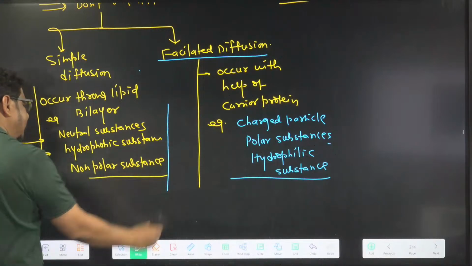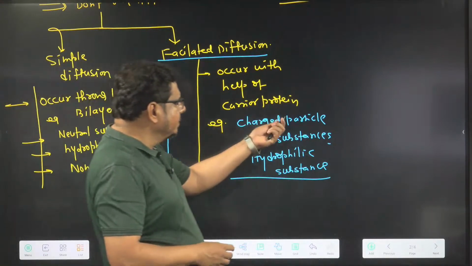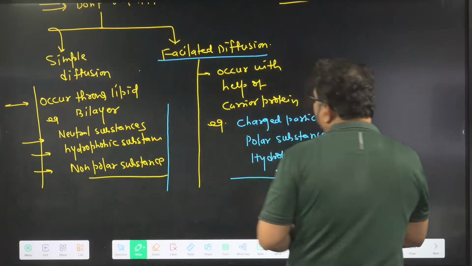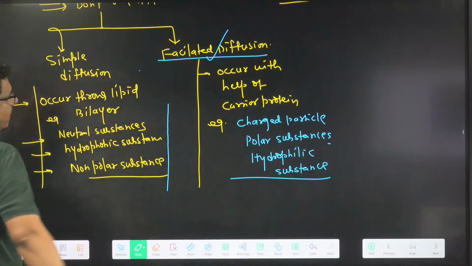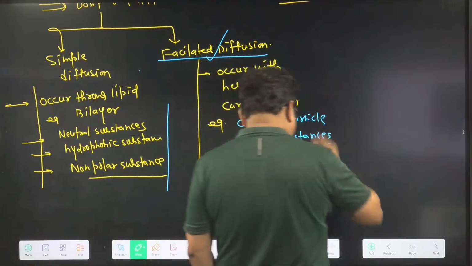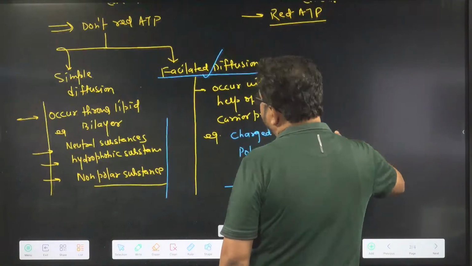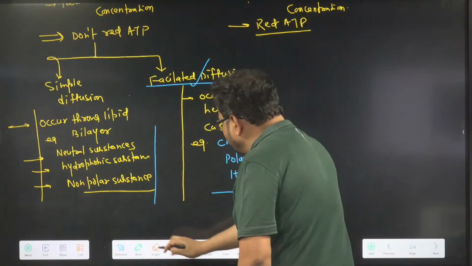These are the things for simple diffusion, and these are the things for facilitated diffusion. Membrane protein is involved here, and membrane protein is not involved there. Now I am writing active transport.